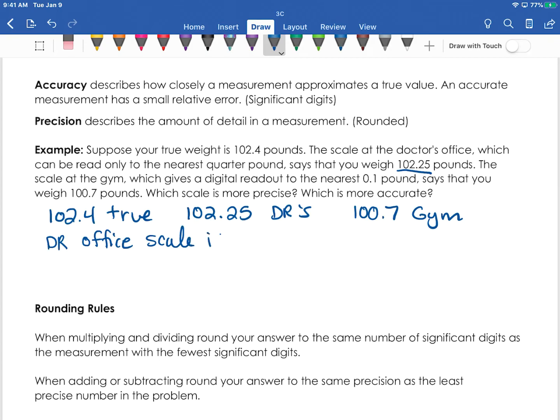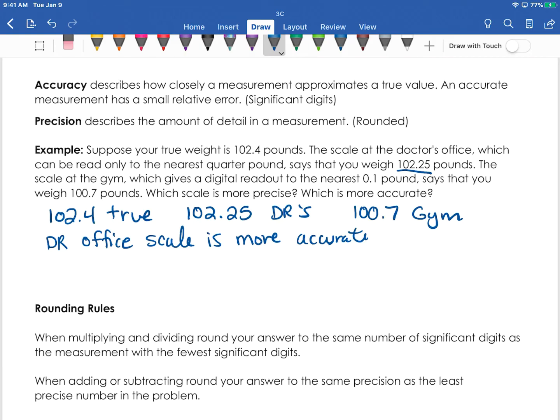Again, that is because the doctor's office scale is reading your weight at a much closer value to your true weight versus the gym's.